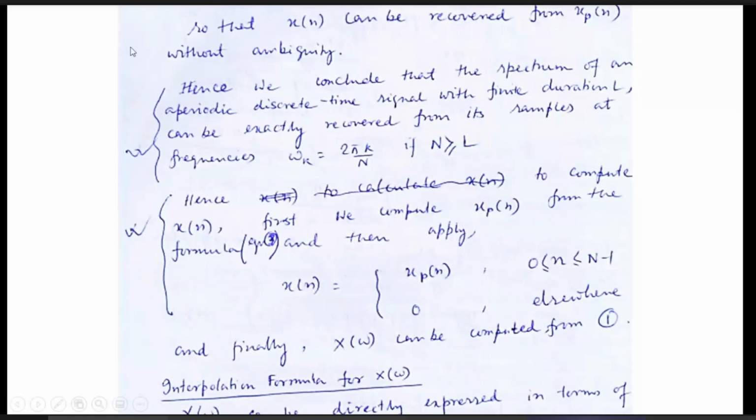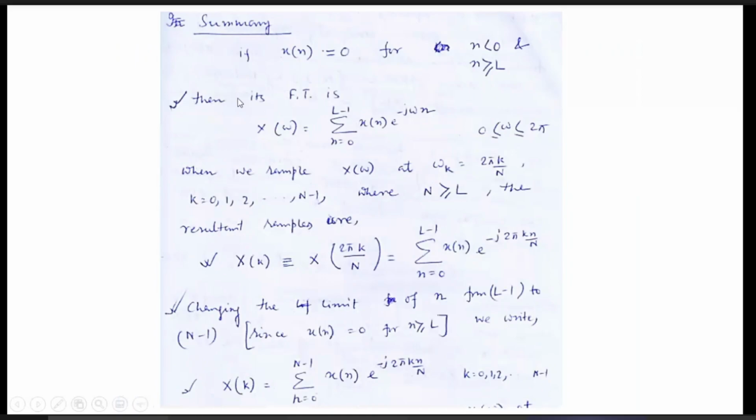In summary, if x of n is limited to L number of points, then x of omega, the Fourier domain representation, is the sum from n equals 0 to L minus 1 of x of n e to the power minus j omega n. That is not infinity; that is for this duration only.